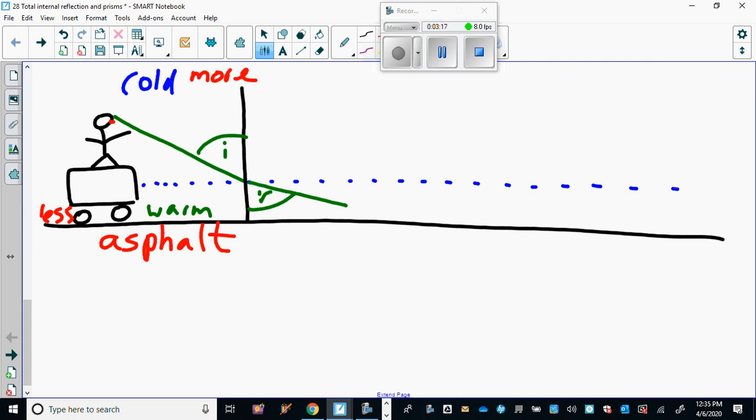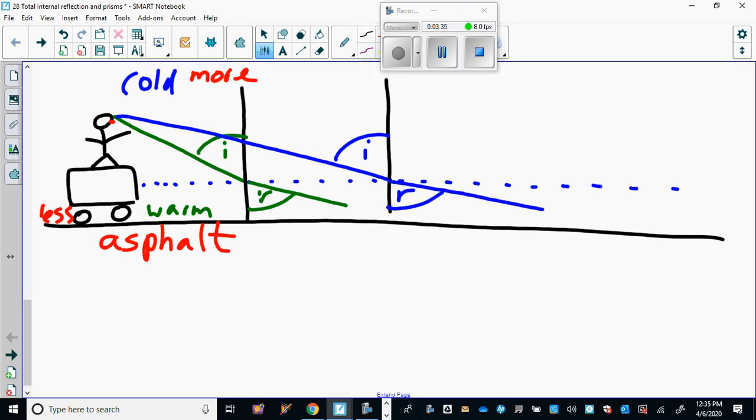But what happens if I look further down the road? If I look further down the road, let's say there, all of a sudden my angle of incidence becomes bigger. Angle of incidence becomes bigger, and then this one's going to refract even more. My angle of refraction is going to be even bigger. And you can see what's going to happen if I look even further down the road.